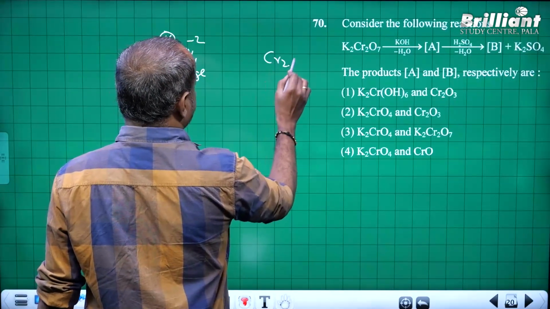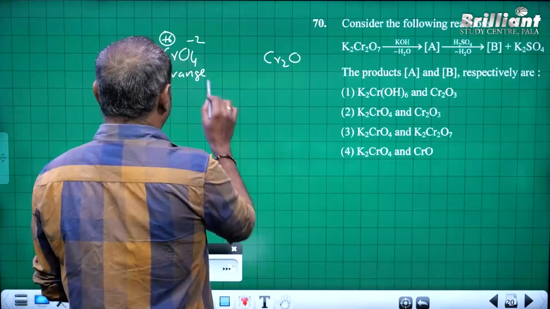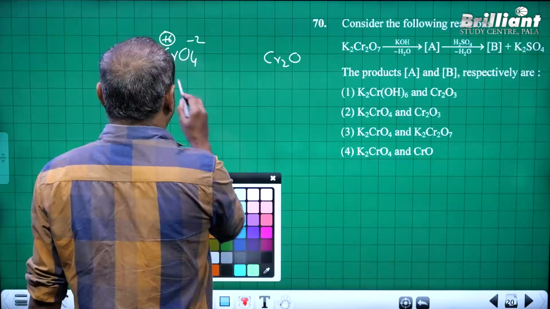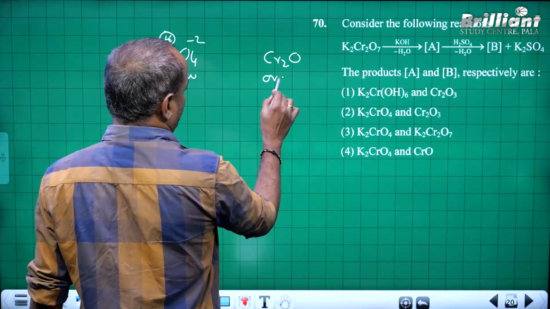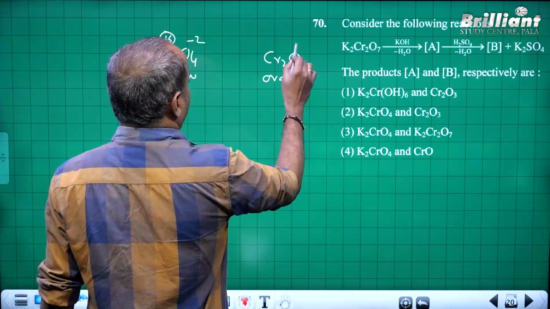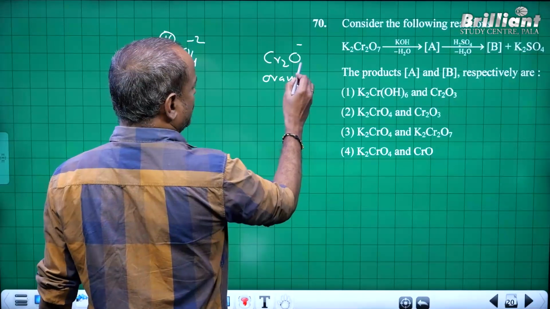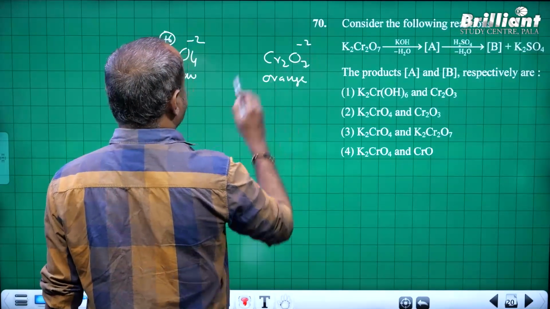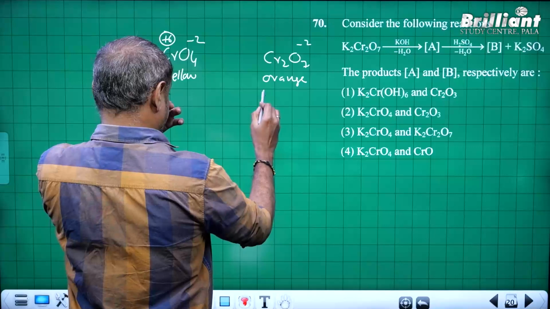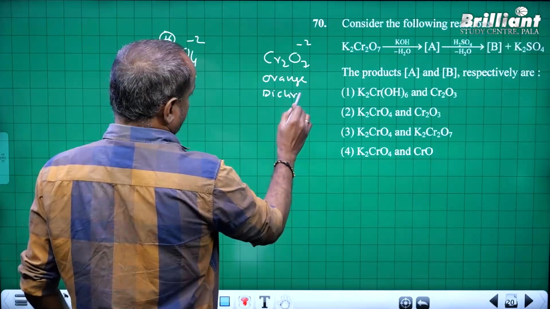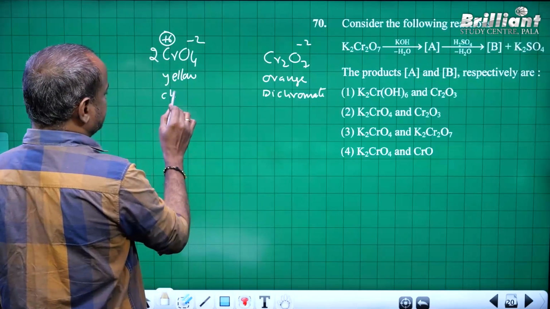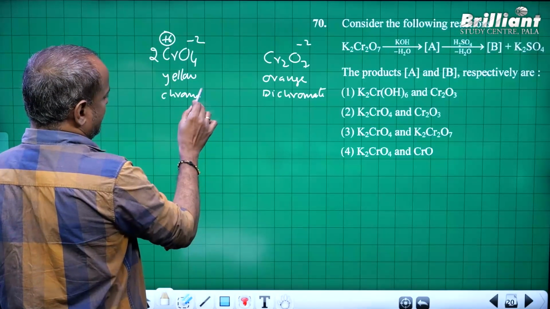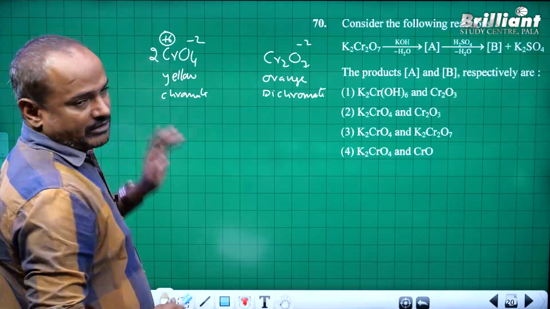Dichromate is Cr2O7 2 minus, which is orange. This is called dichromate, and this is simply chromate because it is mononuclear, with only one chromium.